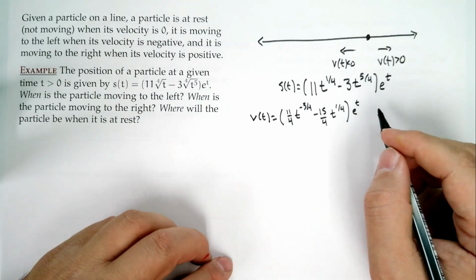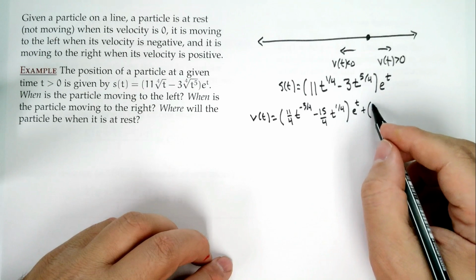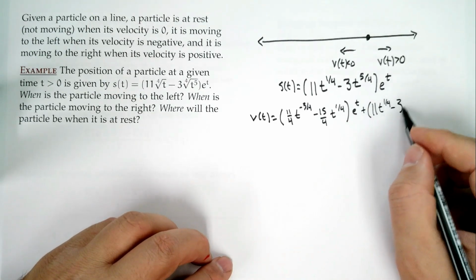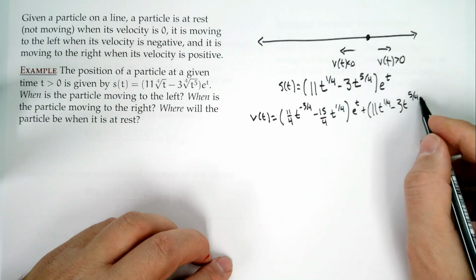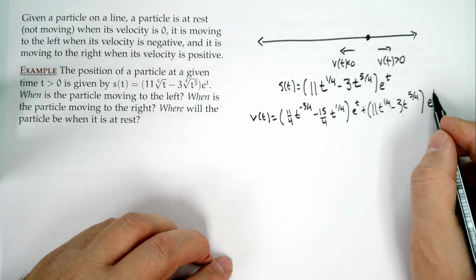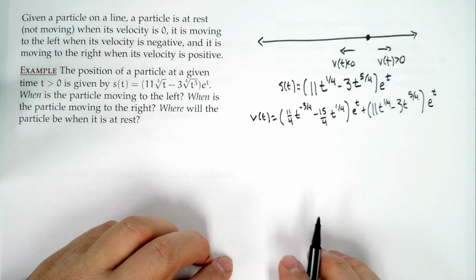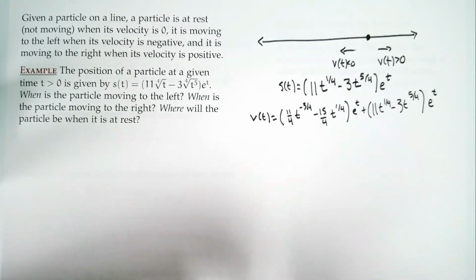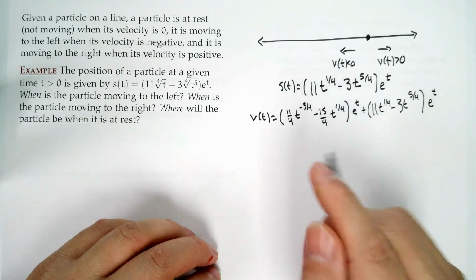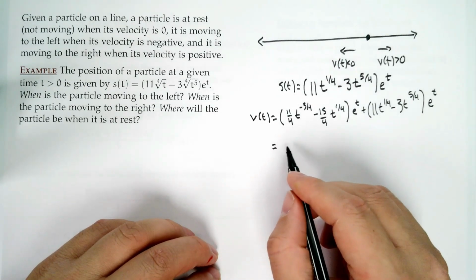And from there, we take the first function, 11 t to the 1/4 minus 3t to the 5/4, times the derivative of the e to the t. And the derivative of e to the t is e to the t. We want to clean this up because we want to understand things like positive, negative. So we say, all right, they both have e to the t. Might as well factor that term out.